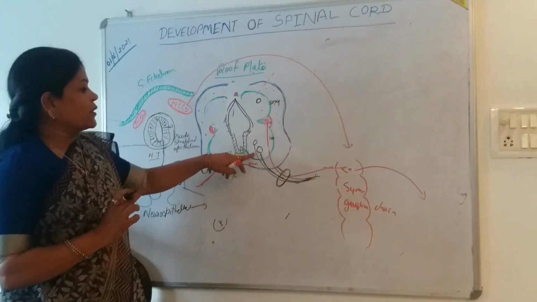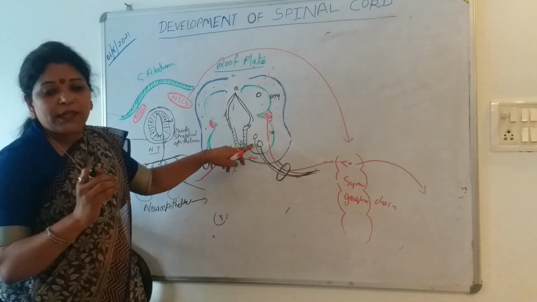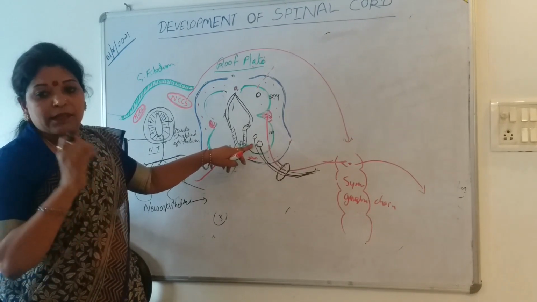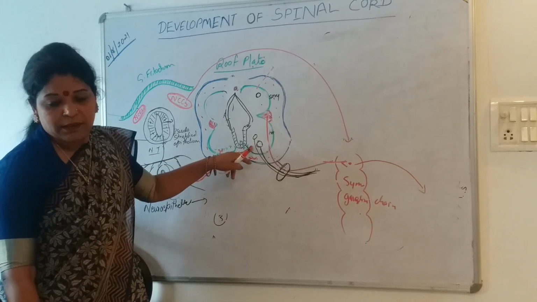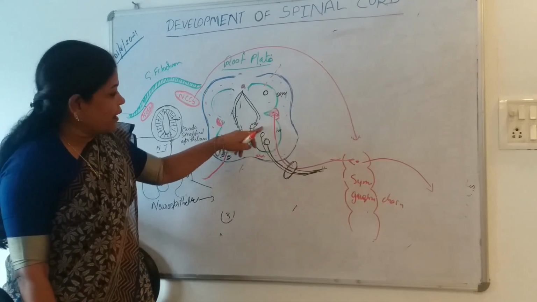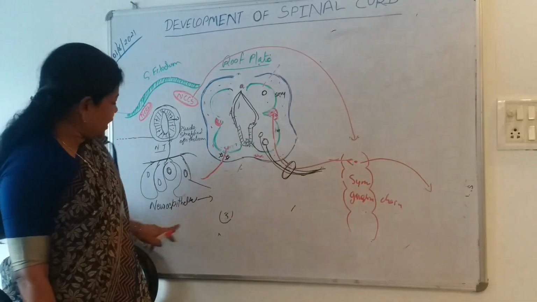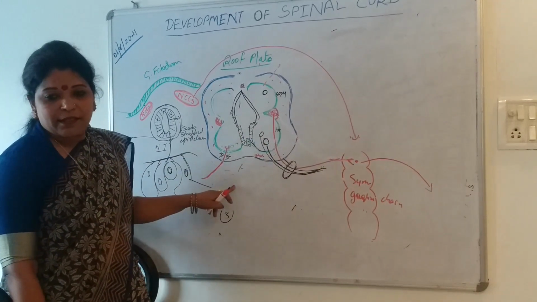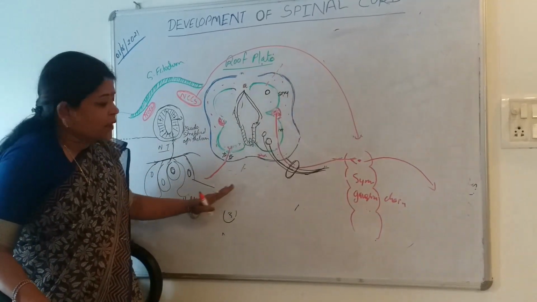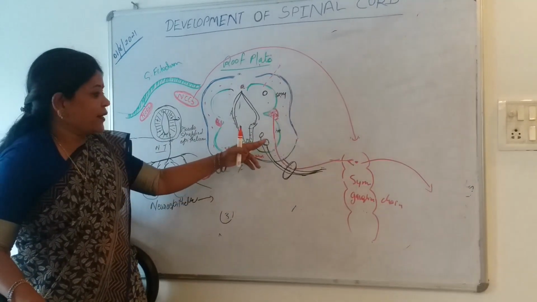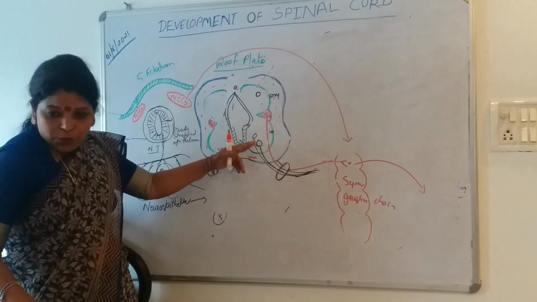Now, so this was actually the neuroblast cells which are migrating in the basal lamina. It is derived from the neuroepithelial cells. That means the neuroepithelial cells which are forming the neuroblast, and it is migrating here. The true neurons here.